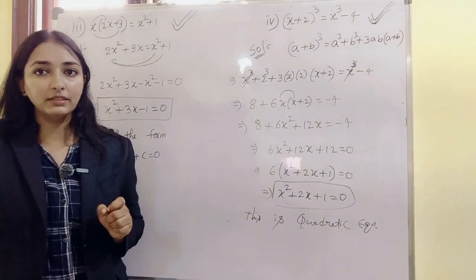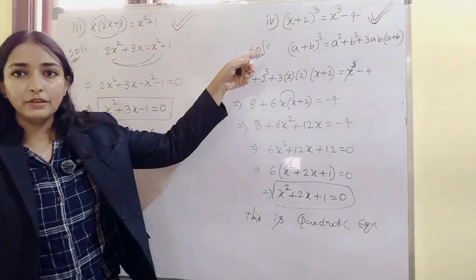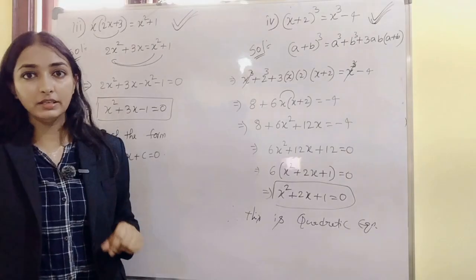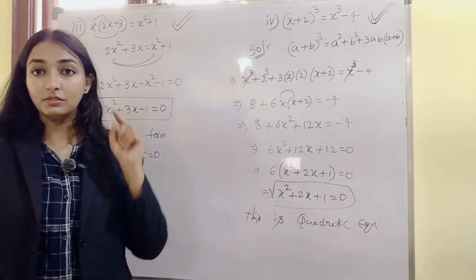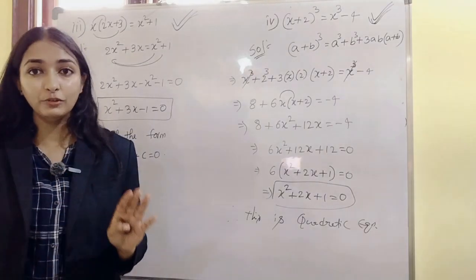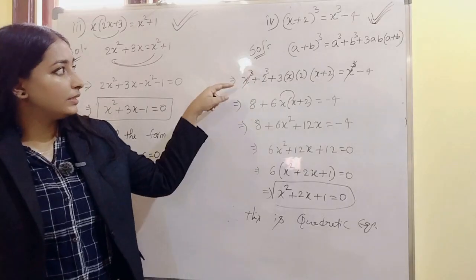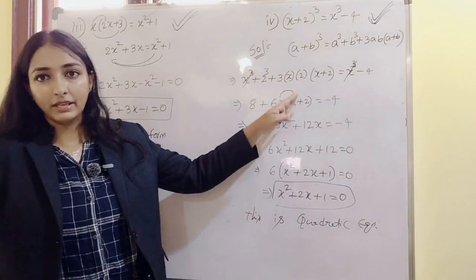So remember one thing. Look at the fourth question carefully. x plus 2 whole cube is equal to x cube minus 4 is there, right? When you look at the given question, you may think it is a cubic equation. But first you solve it, and you see in the first step itself x cube and that side x cube get cancelled.